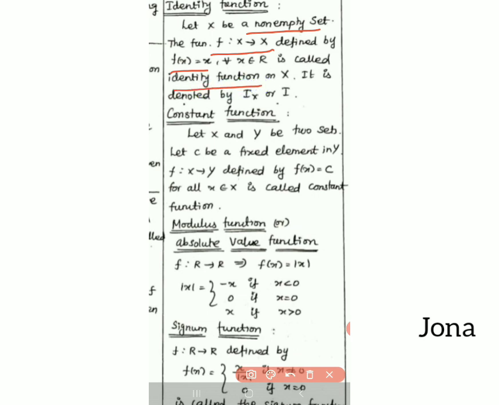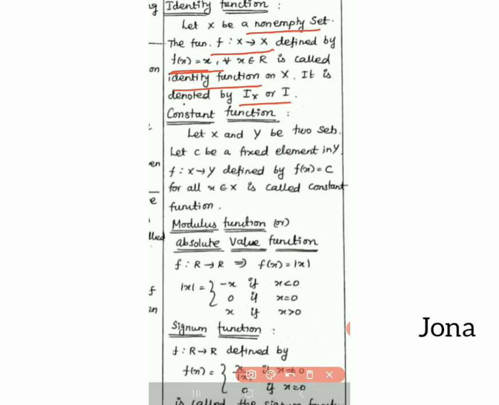That means the condition is defined by f of x equal to x. If we substitute any value for x, that f of x must be equal to x. That is called the identity function. Let me see this in the exercise problems. This identity function is denoted by Ix or I.